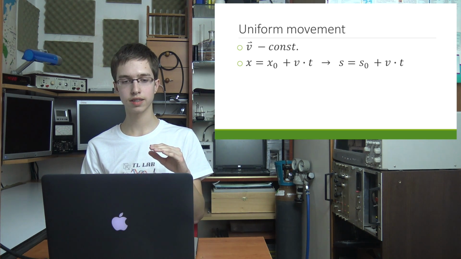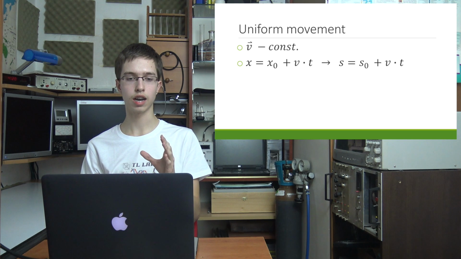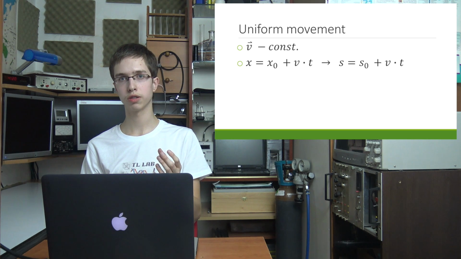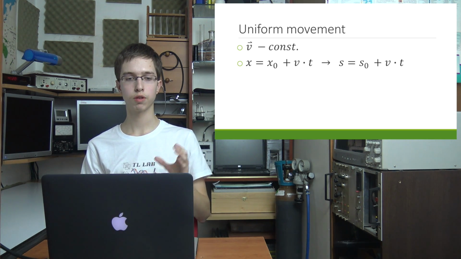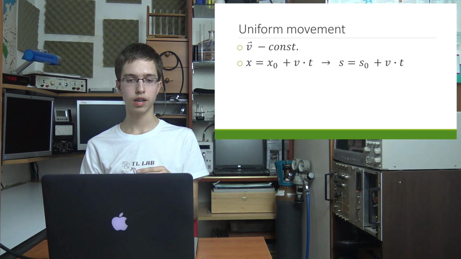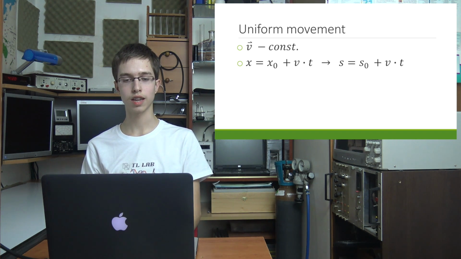And that distance is velocity times time, which is a formula derived from the basic formula for velocity, which is velocity as the proportion of distance and time. And from this formula for position we can also derive a formula for distance, which is the sum of the starting distance plus the distance the body made to that point.